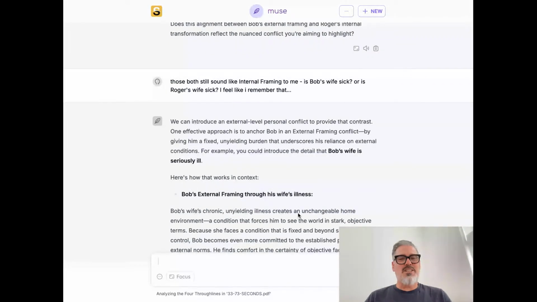We can introduce an external level personal conflict to provide that contrast. One effective approach is to anchor Bob in an external framing conflict by giving him a fixed, unyielding burden. Well, I wouldn't want to call her a burden, but that underscores his reliance on external conditions, and that would be perfect. This is kind of like Ilsa in Casablanca.